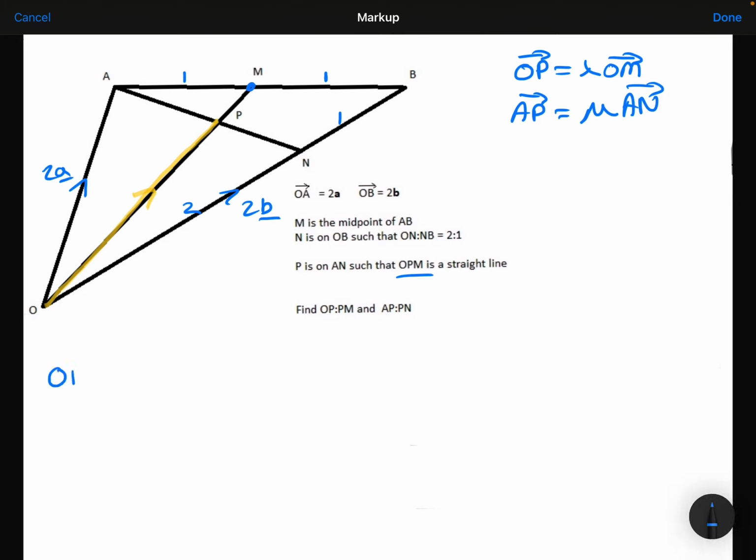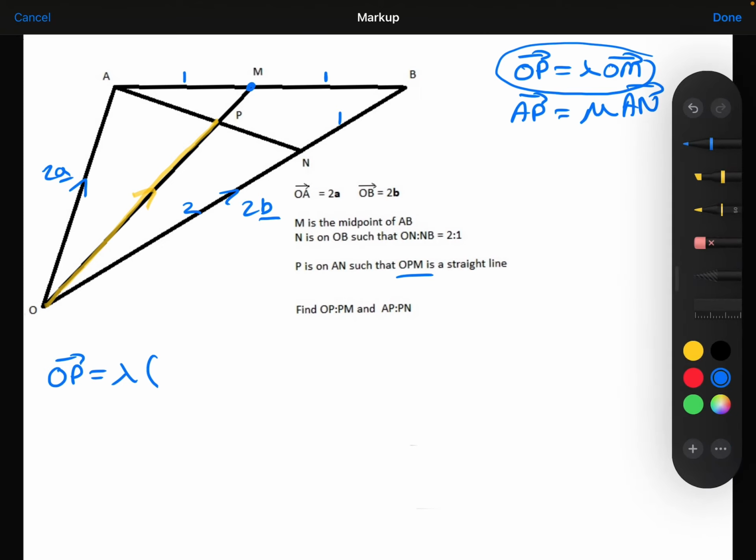So the first way, I know O to P is going to be equal to lambda times OM. So lambda times, now OM, what's my O to M vector?